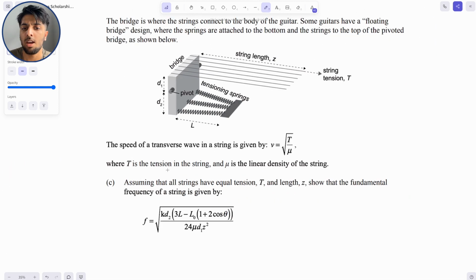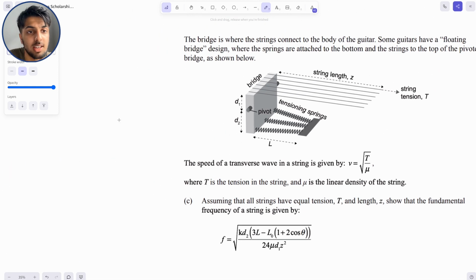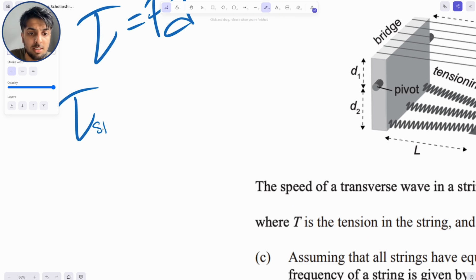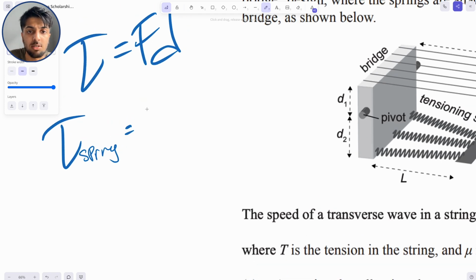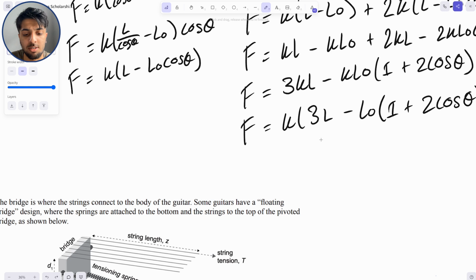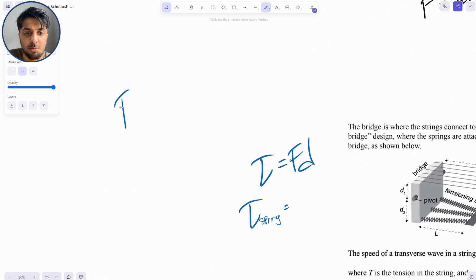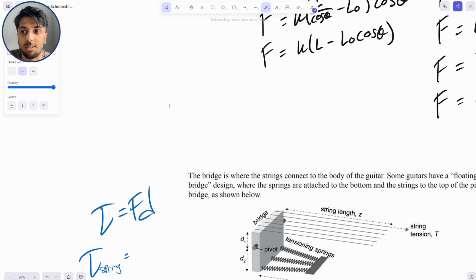And so we can say that torque is equal to force times distance, where the torque of the spring is equal to this force right here, which I'm just going to label F0, because I can't be bothered writing out the whole thing every single time.